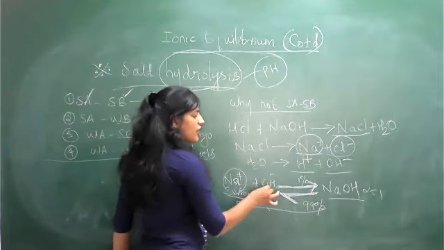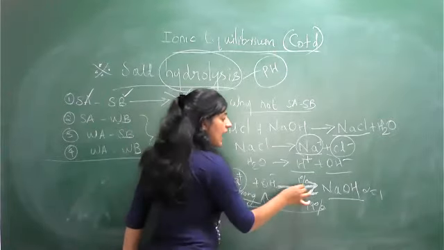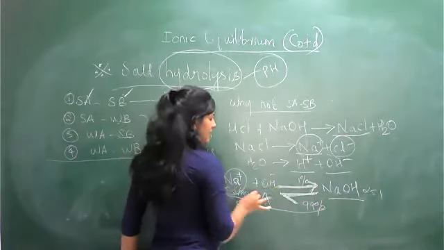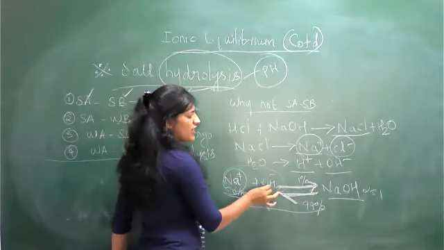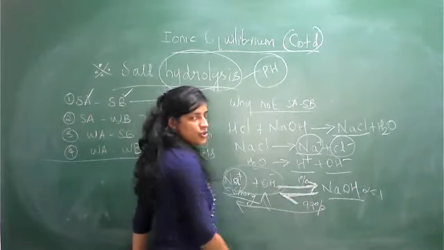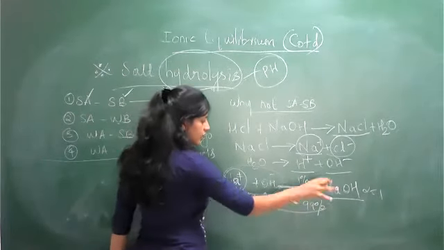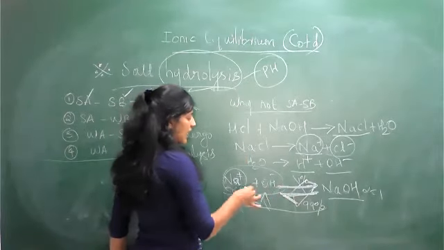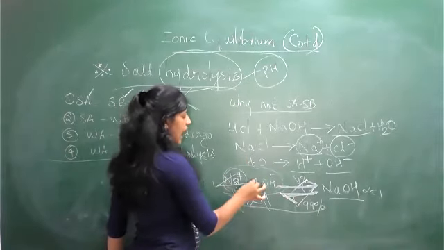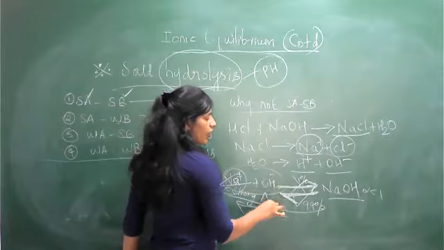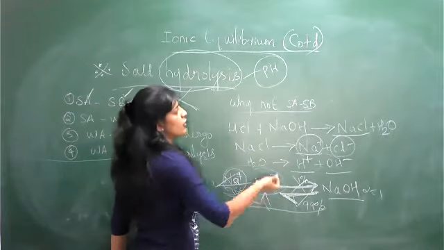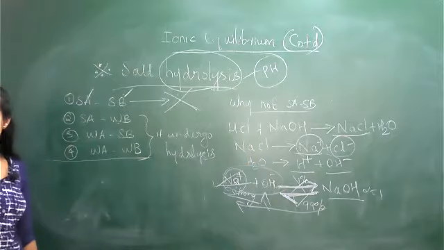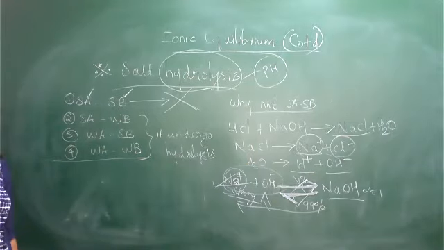So Na+ and OH- will never participate in the hydrolysis, because the combination gives only 1% yield. That's why we avoid this direction. So Na+ reacting with OH- is not possible, and salt hydrolysis also is not possible. This is the reason. Clear?